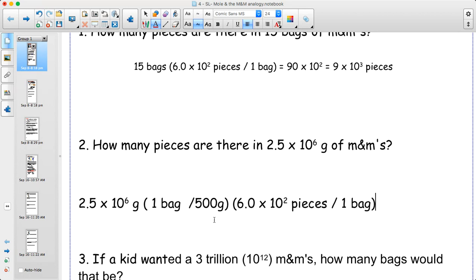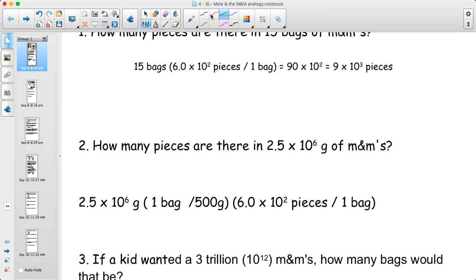I've got to do a little math here, and because I can't use a calculator, I'd probably make this 2,500. By making it 2,500, I've moved the decimal over 3 spots, so that makes it times 10 to the third for the first part. And that's divided by 500, so that's going to get me 5 times 10 to the third.